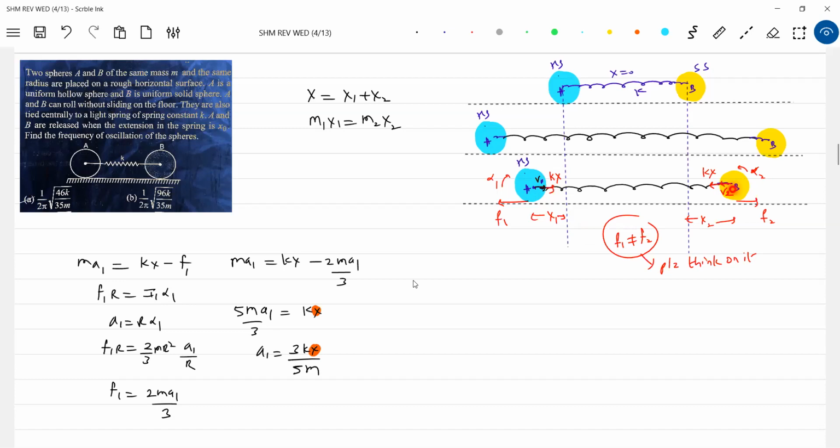There are two different regions. Both have the same mass and same radius, but the distribution of mass is different. So the rolling friction depends also on the distribution of mass. Therefore F1 and F2 are not equal, and this is not applicable, so let me not write it.